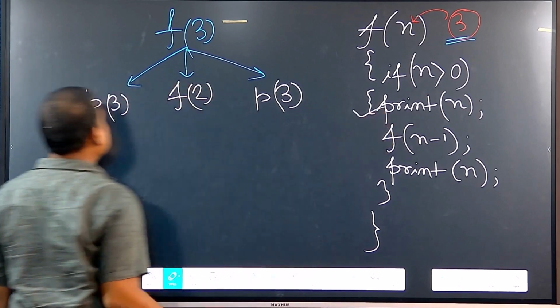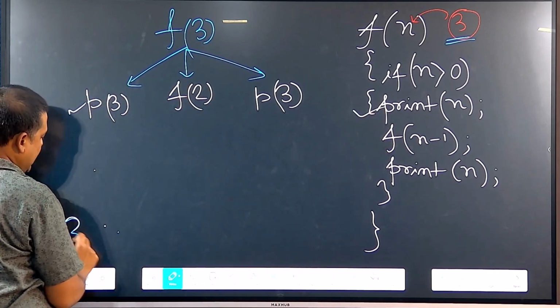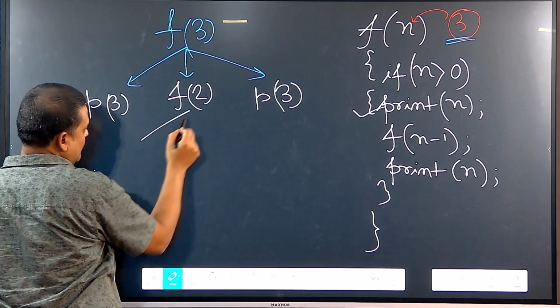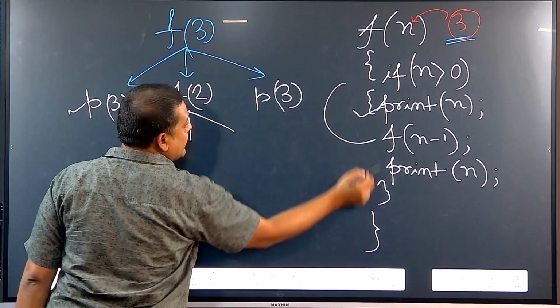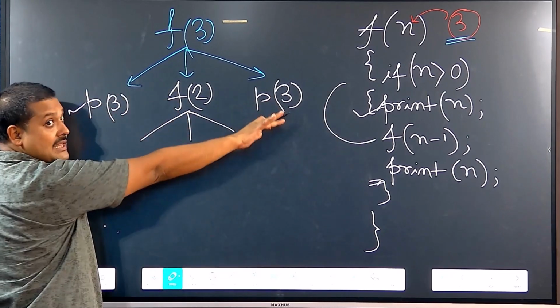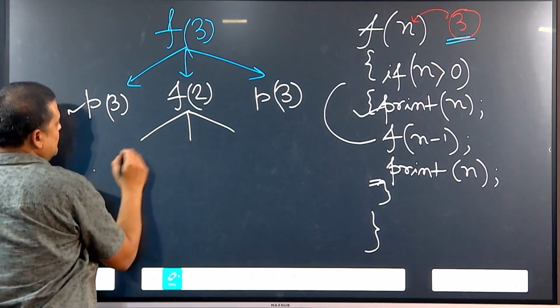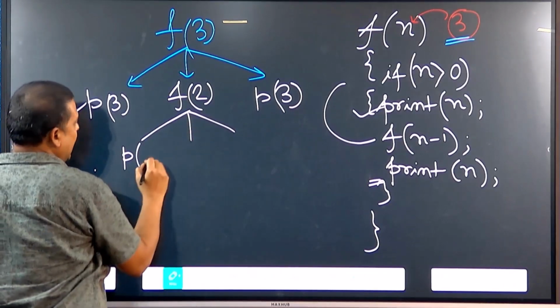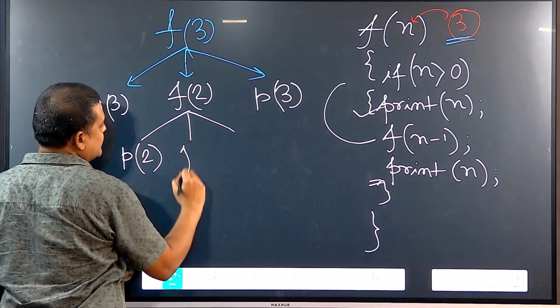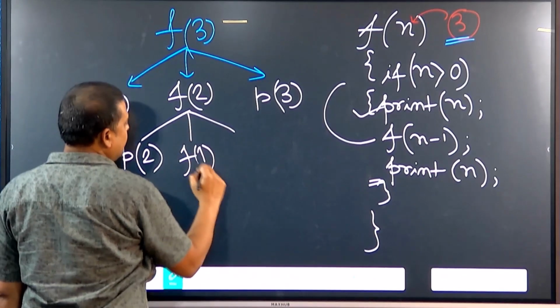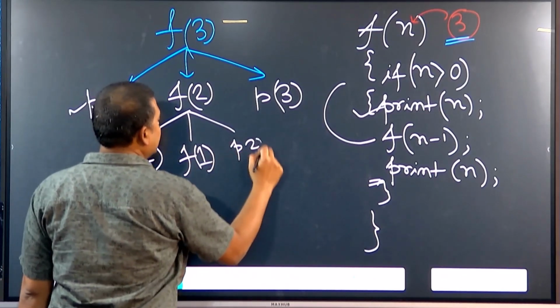So 3 will be printed first, then function 2 will be called recursively without executing the second print. Without executing this, function 2 will be called. So printing of n, that is 2, function call with n minus 1, that is 1, and printing of 2.